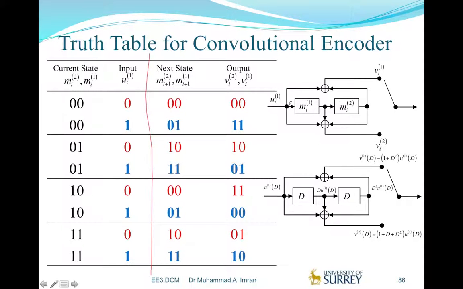So for example, if 1 was here and 0 was here, and 0 was here, so current state is 0 0, but next time this 1 will come here and the 0 which was previously here will go there. So the next state will be M1 will be 1, M2 will be 0.